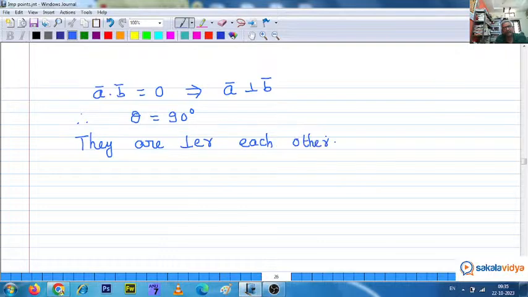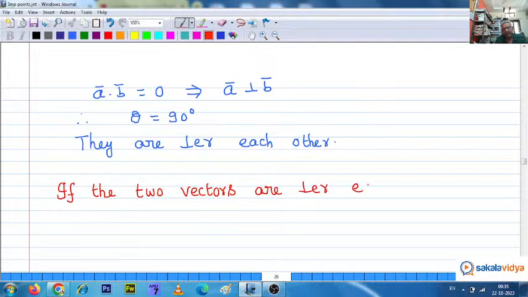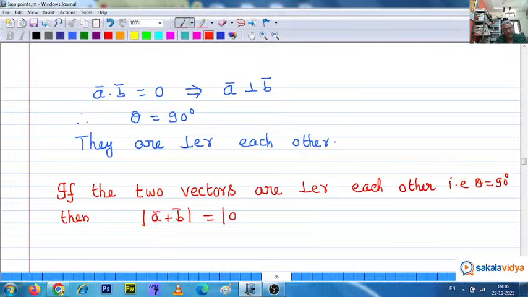From this, one more very important point you can note: if the two vectors are perpendicular to each other, that is the angle between them theta is equal to 90 degrees, then this is very important, the magnitude of the sum of the two vectors is the same as the magnitude of the difference of the two vectors.